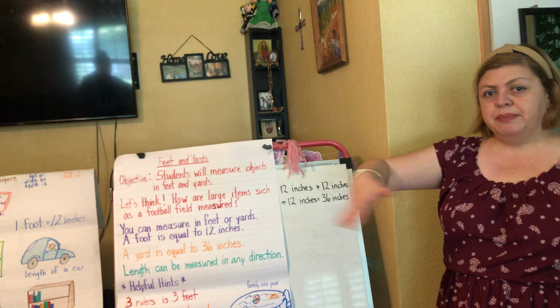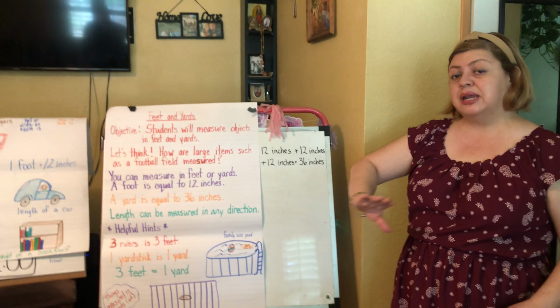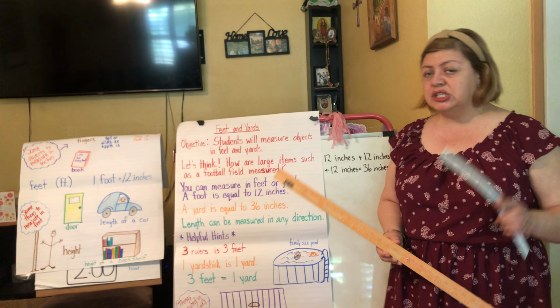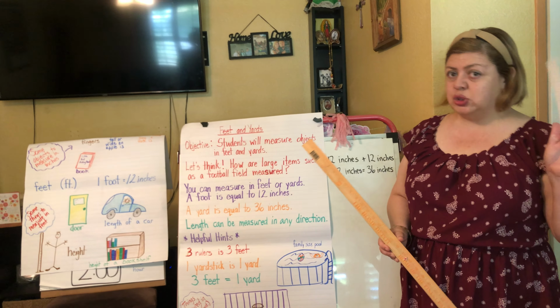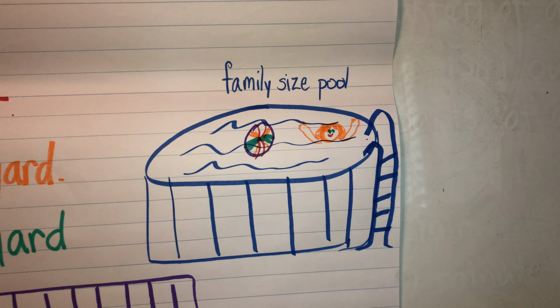That's what they move up and down the football field. They count it as yards. They do not say inches. They do not say feet. They say yards. If you have one of those huge above ground swimming pools, you might want to find out how wide it is. You might measure it in yards because it's a very large object.